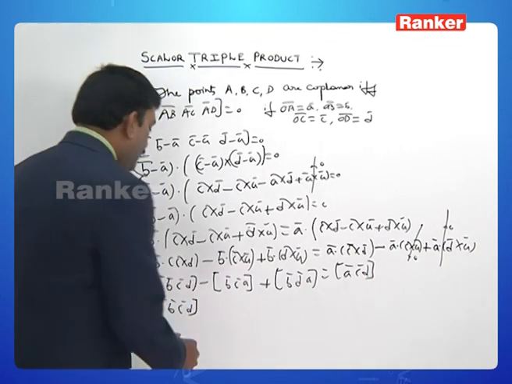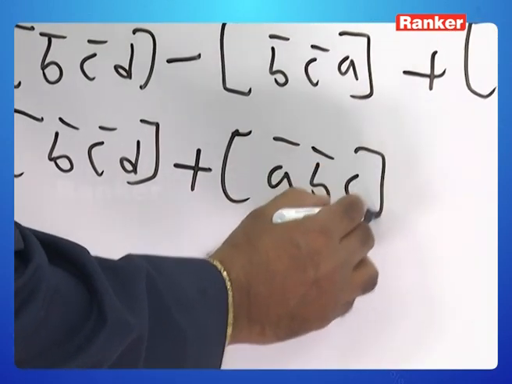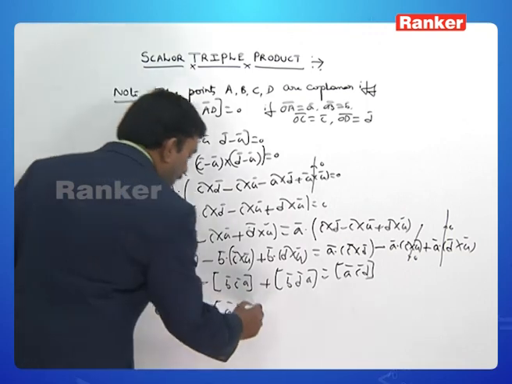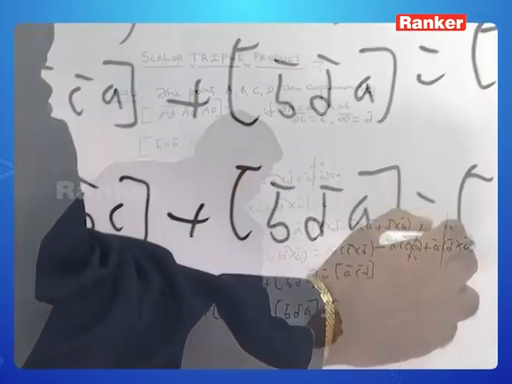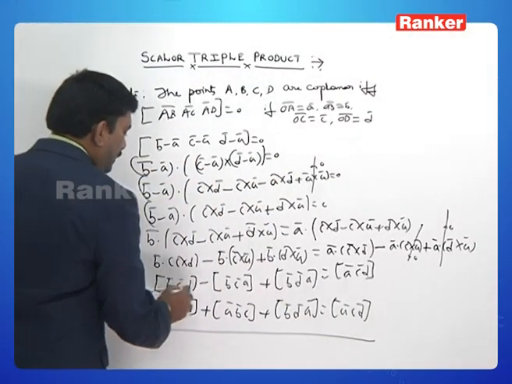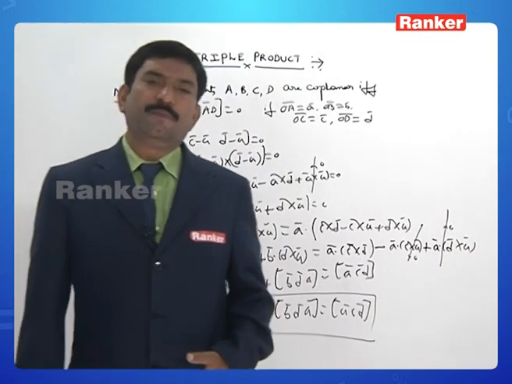So therefore, you change this as box of A bar, B bar, C bar. Therefore, minus becomes plus. Next, this becomes plus box of B bar, D bar, A bar is equal to box of ACD. Okay, this is the condition for any 4 points to be coplanar.